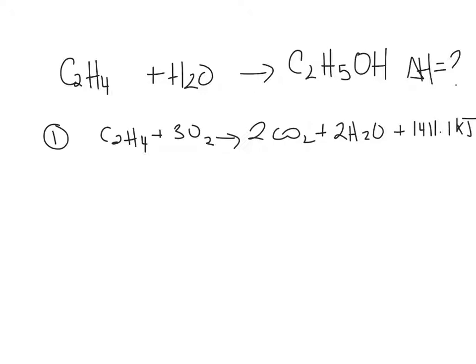All right, now let's look at equation number 2. What do you want to look at it for? H2O. I wouldn't pick H2O because it's in both equations. C2H5OH. Okay, so let's go for the ethanol. Is it on the correct side? No. So we have to flip it. Does it have the correct coefficient? Yeah.